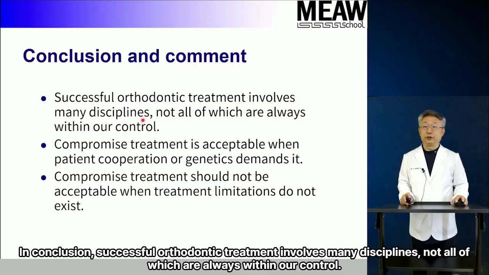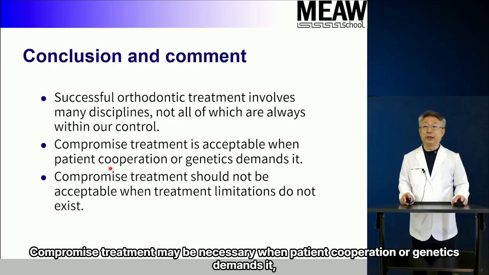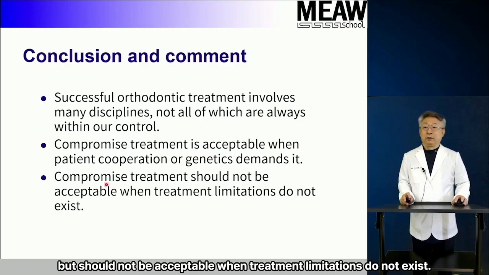In conclusion, successful orthodontic treatment involves many disciplines, not all of which are always within our control. Compromise treatment may be necessary when patient cooperation or genetics demands it, but should not be acceptable when treatment limitations do not exist.